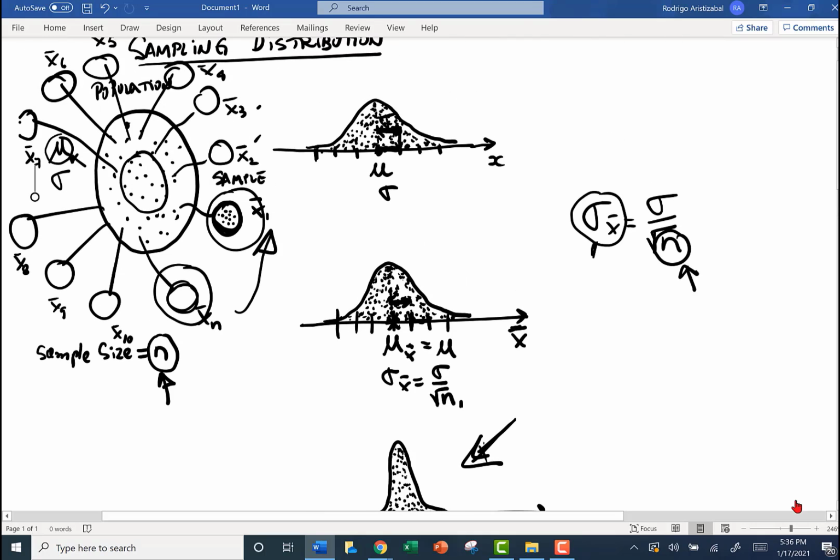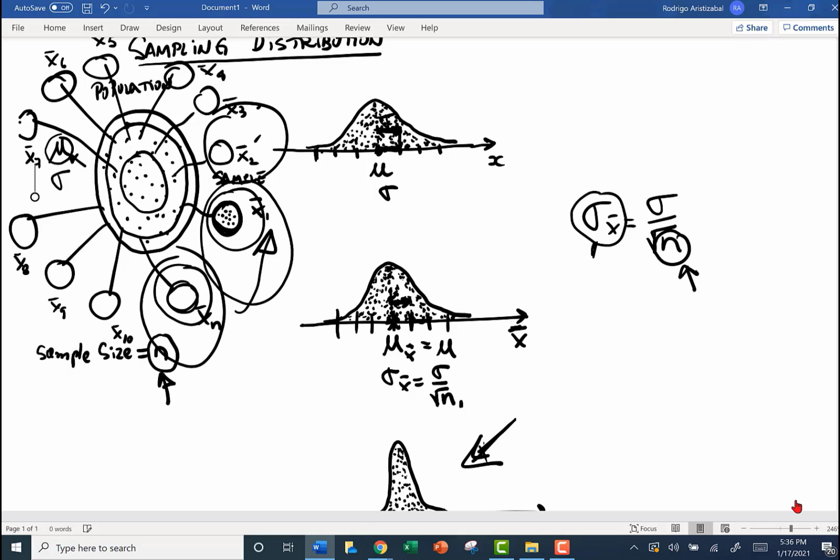Then if we increase the sample size bigger and bigger, and we obtain all possible samples of this size, and we compute the mean of all of these samples, actually we are going to obtain a distribution of all sample means very close to the true mean. Could be this line, that is the limit.